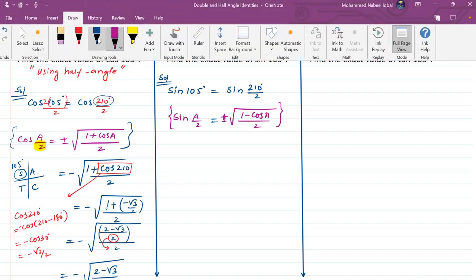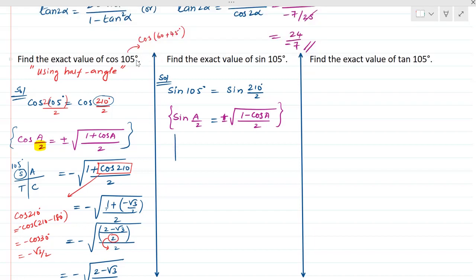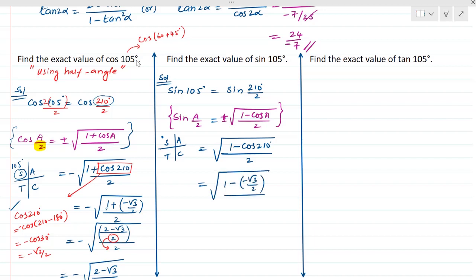Now I just substitute the value here. Since 105 is in the second quadrant, in which sine is positive, I will take plus square root of 1 minus cosine 210 over 2. The cosine 210 value we have already calculated from here. So square root of 1 minus minus root 3 over 2, over 2.